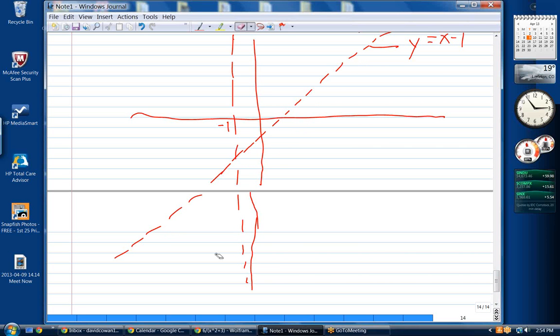What's this function? Which one are we working on? Oh, number 5. Yes, excuse me. So it's x squared minus 4 over x plus 1. If our goal is to graph it, we have to figure out where it is.